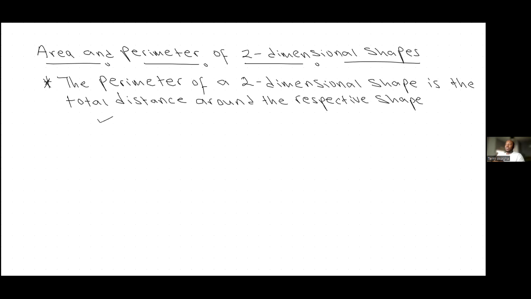For figures with straight sides like triangle and rectangle, it's basically when you just sum the lengths of all the sides, okay?